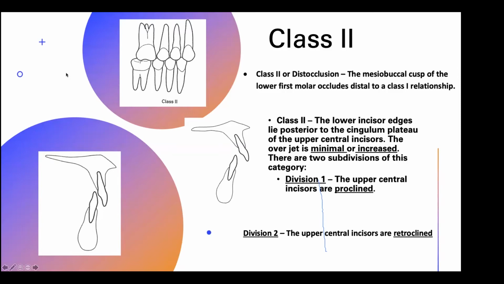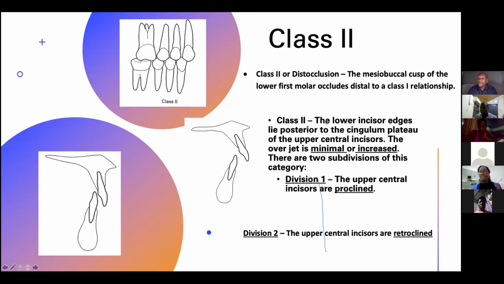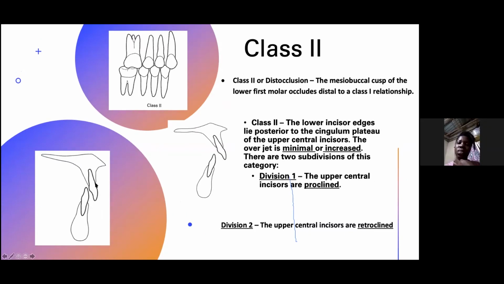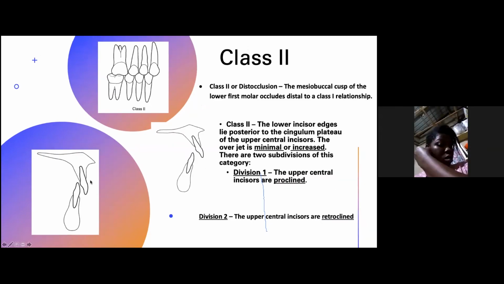And then we look at the class 2 anterior relationship, because remember, Angle classification is based on posterior relationship, but the incisal classification is based on anterior relationship. So now we're looking at the class 2 anterior classification. Class 2 can be divided into 2 subdivisions.